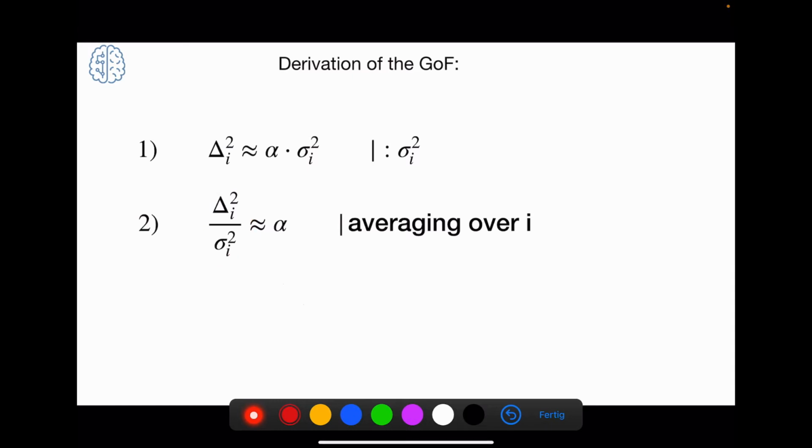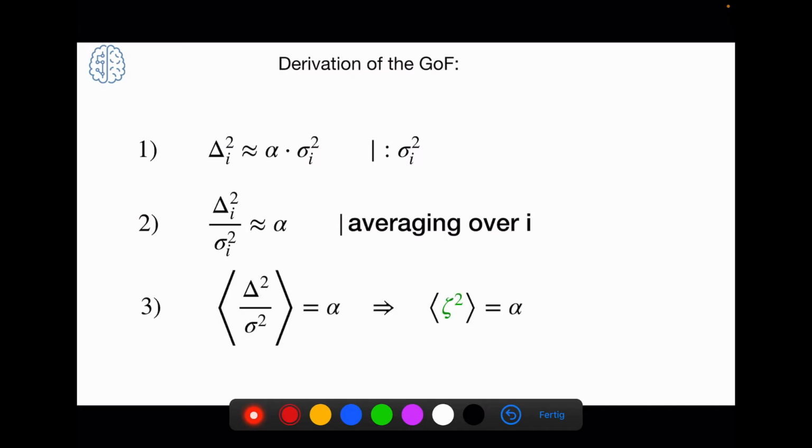But in order to arrive at a valid equation, which is an identity, or closer to an identity at least, averaging over the whole data set is done. And then we arrive at equation 3, which states the mean squared weighted residual equals alpha. Again, alpha is a number between 0 and 1, usually closer to 1.